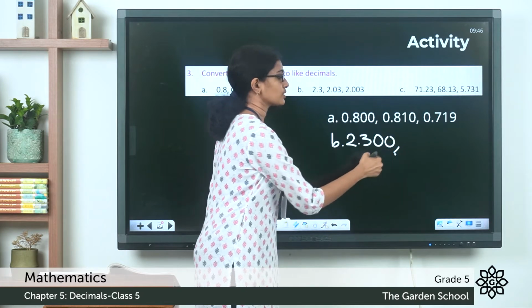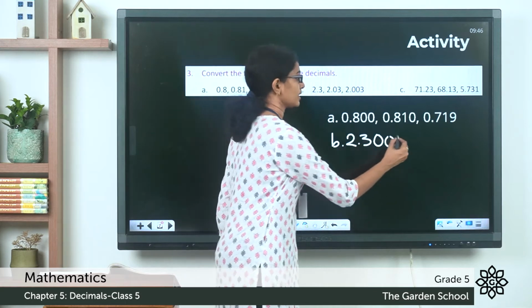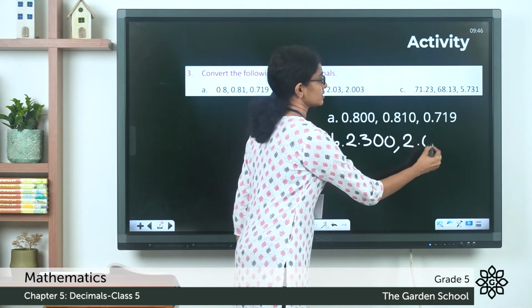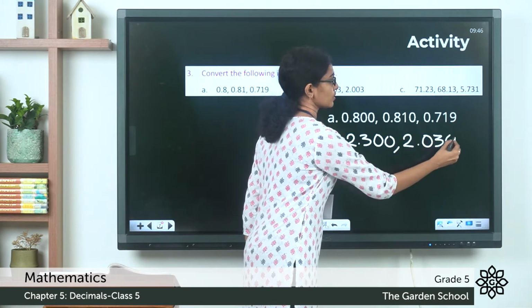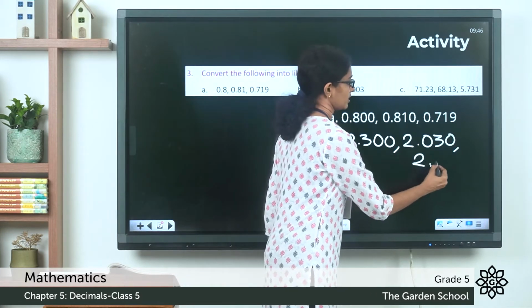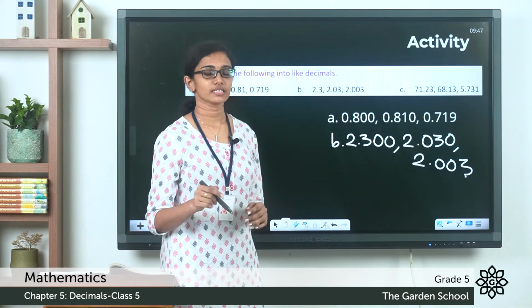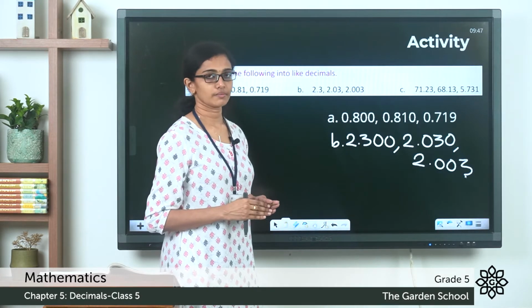We have added zeros to the extreme right. Now, 2.03 can be written as 2.030 and then the third number 2.003. Now all the numbers have the same number of digits after the decimal point.